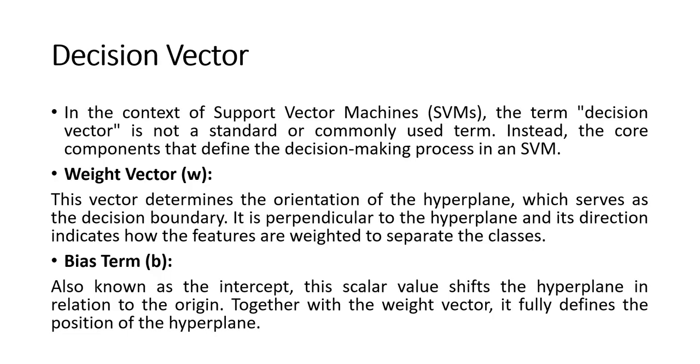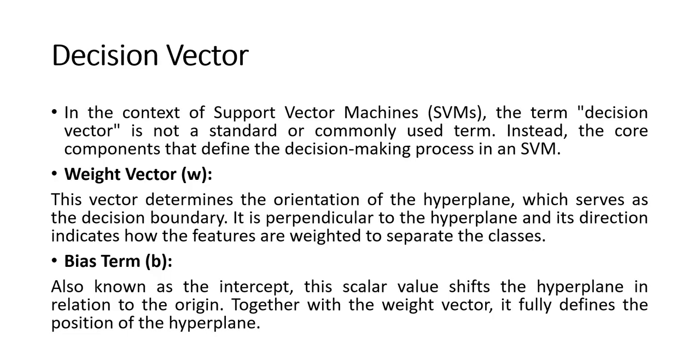So, why are both important? The weight vector and the bias term work together to create the best decision boundary. The weight vector answers in which direction the boundary should face, and the bias term answers where exactly the boundary should be placed.